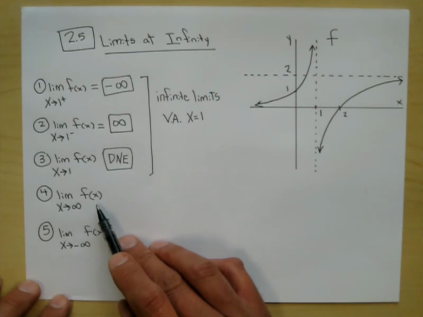So these two limits that we did are known as limits at infinity, which happens to be what this section is called. Limits at infinity indicate not vertical asymptotes, but horizontal asymptotes.